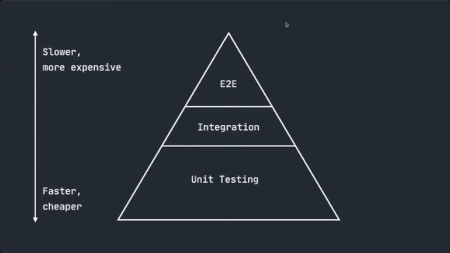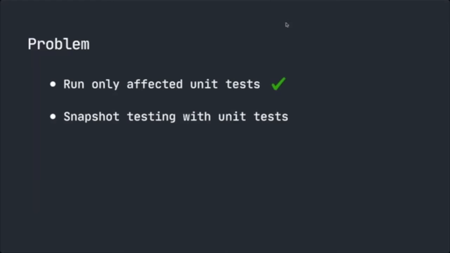The other thing that I want to share is that there are other types of tests that would be good to move towards unit testing. One of them is snapshot tests. Setting up snapshot tests is a challenge.